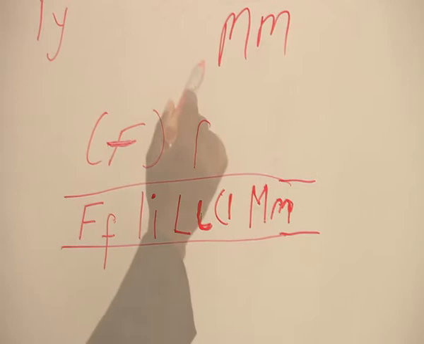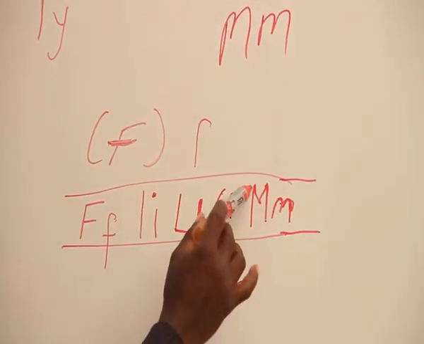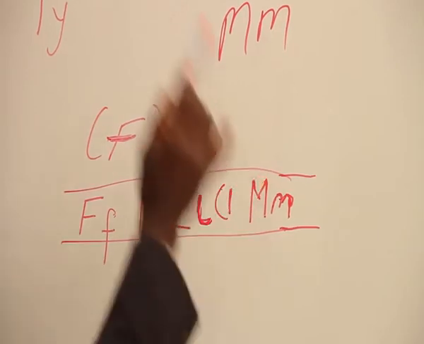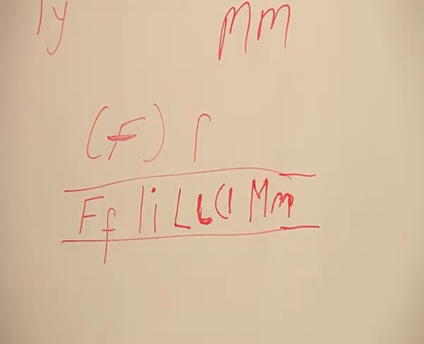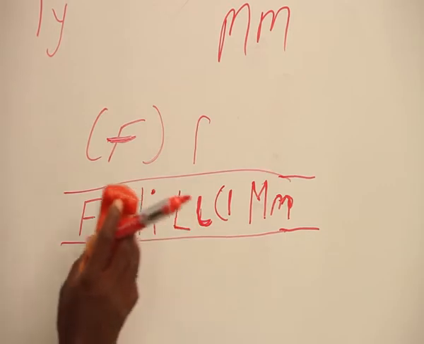So you need to differentiate the capital letter M from the small letter m by the sharpness that you have at these two ends of your letter M. That way, you will be able to know without doubt that you're writing a capital letter M and not a small letter m.